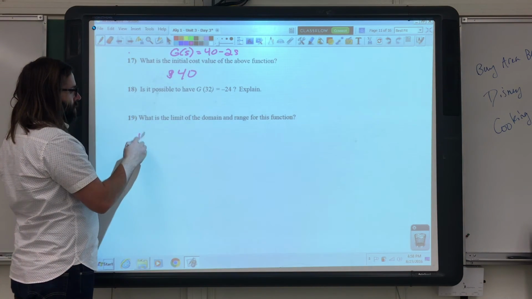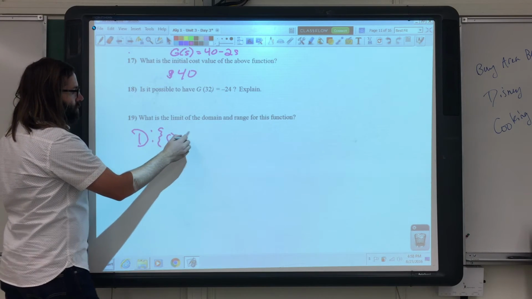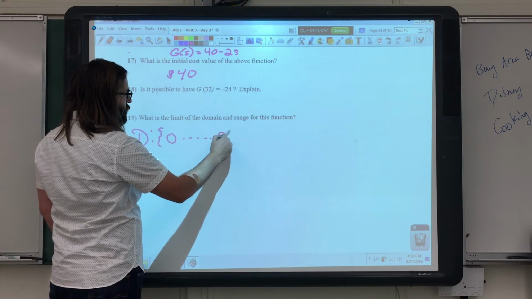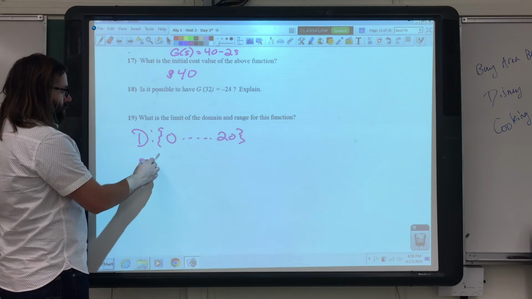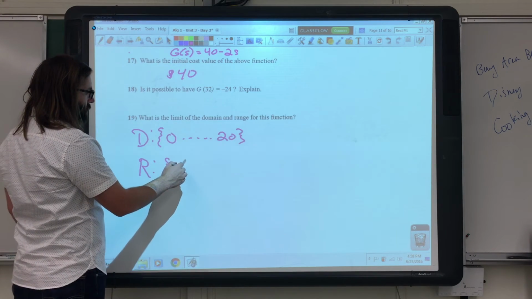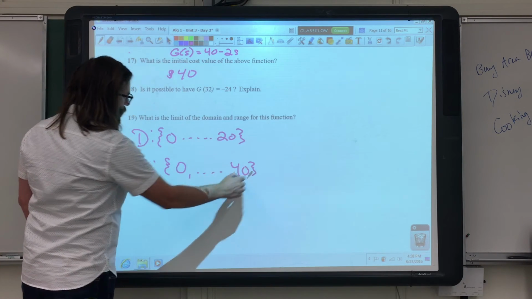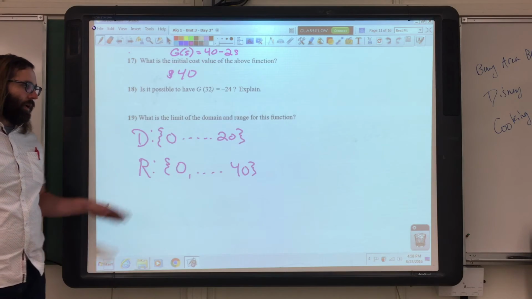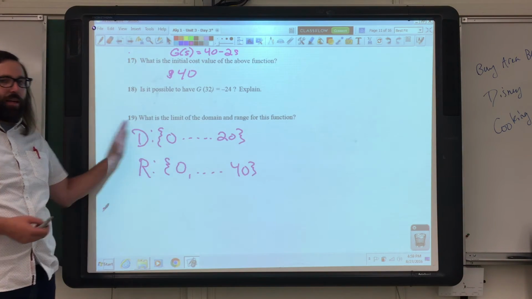Okay, the limit of our domain: we can have 0 downloads all the way to 20 downloads, or 20 songs. For the range, we can have 0 all the way to 40. Okay, we stop at 0. Since this is a gift card, you can't have any negative money on it.